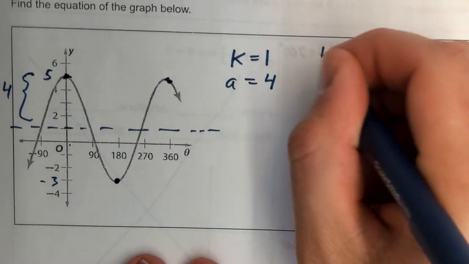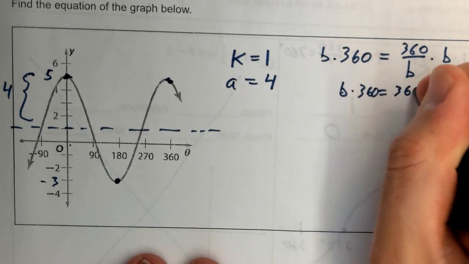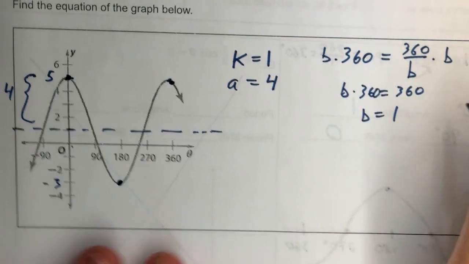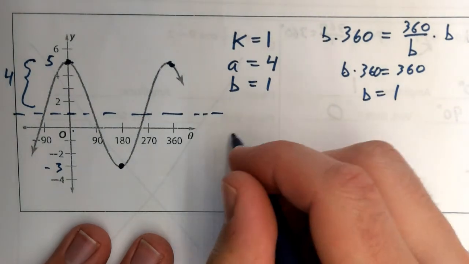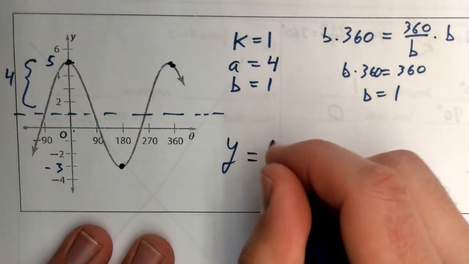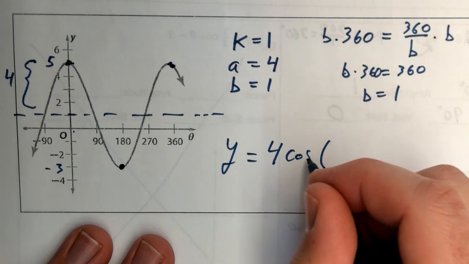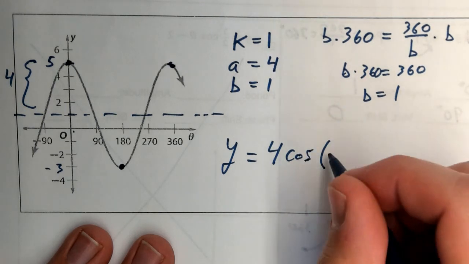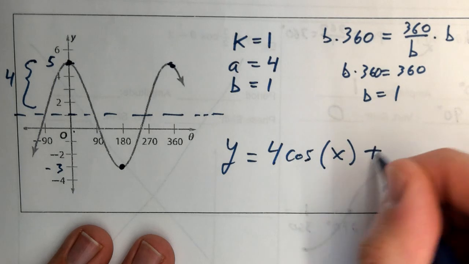Times the sides by b. I get b times 360 equals 360, and b equals 1. And there's no horizontal shift, so from that I can write my equation. Y equals 4 cosine, b, which was 1, and then no horizontal shift, so just cosine of x, and then plus 1. So there's my curve.